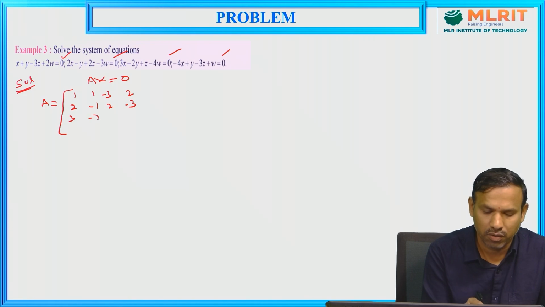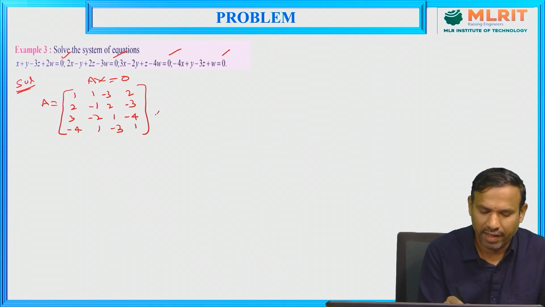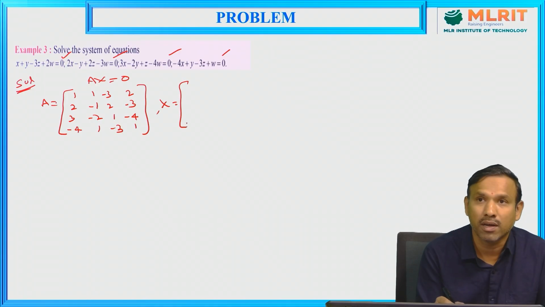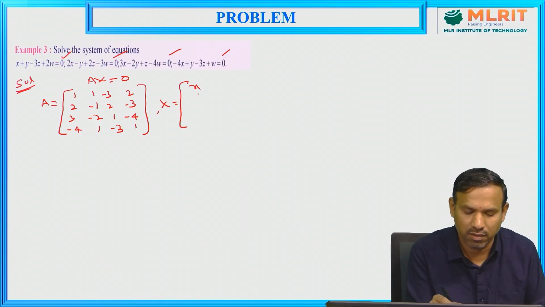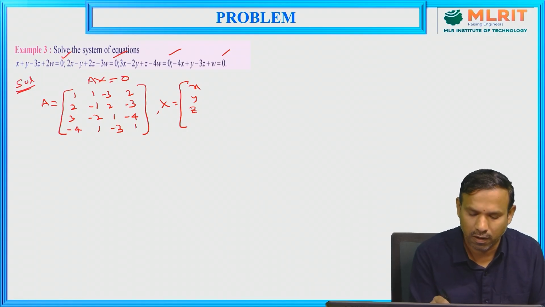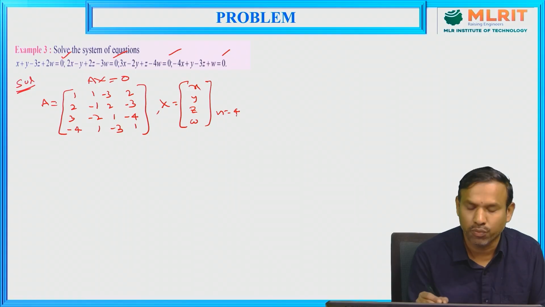Third 3, minus 2, 1, minus 4. Fourth minus 4, 1, minus 3, 1. X means the unknowns. How many unknowns here? 1, 2, 3, 4. We have 4: x, y, z, w.